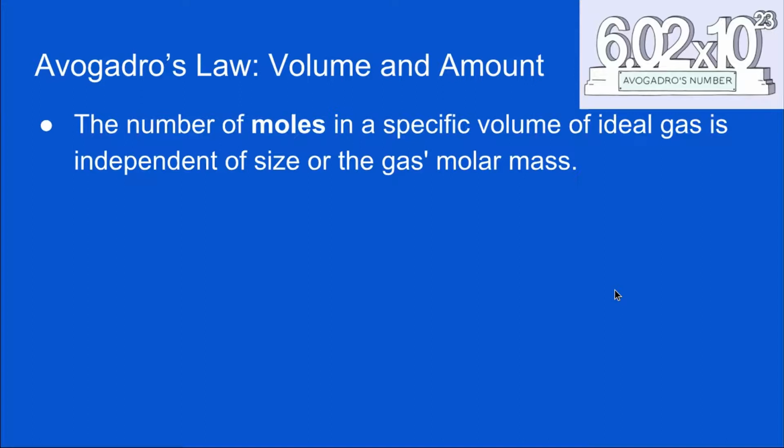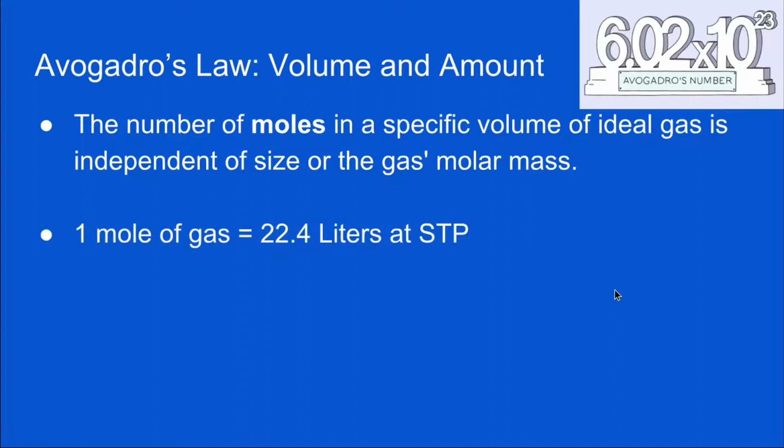And so the way that we can say this is that the number of moles in a specific volume of an ideal gas will always take up the same size no matter how big the molecules are, how much they weigh, or what they are. Now, in practical terms for us, we just need to know that a mole of any gas will always take up 22.4 liters of volume when it is at standard temperature and pressure.